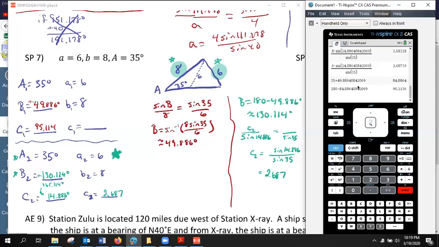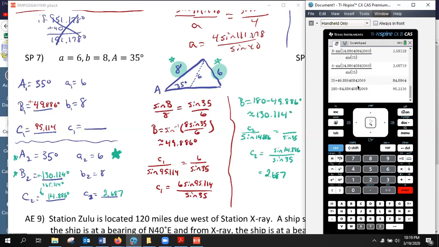And like before, I'm going to say my side C1 over the sine of 95.114 equals 6 over the sine of 35. So C1 is 6 sine of 95.114 over the sine of 35.